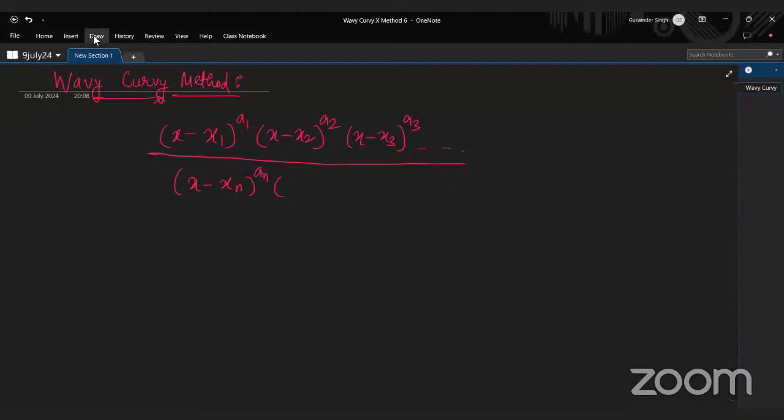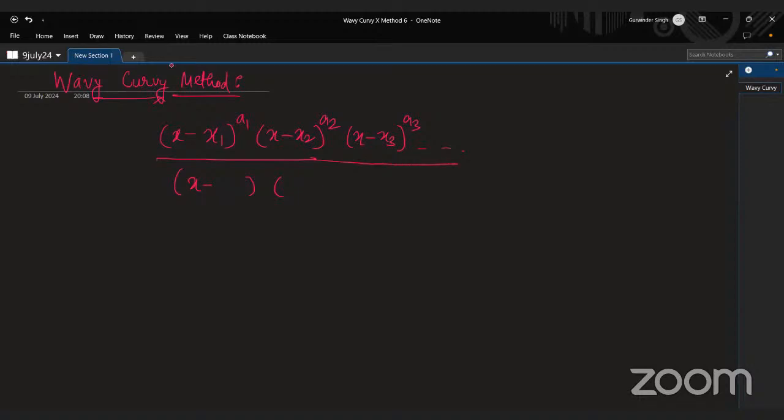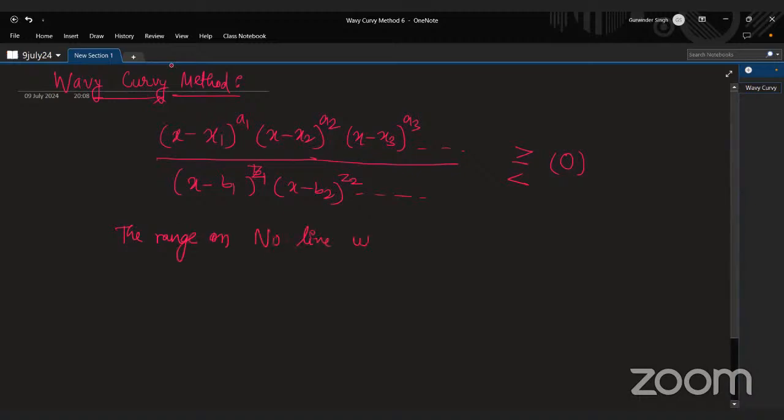Or let me take it as b1, and this will be z1. So x minus b2 and this will be z2, something like this, and 0 over here. Okay, so basically I need to find out what is the range on the number line where this inequality holds true.